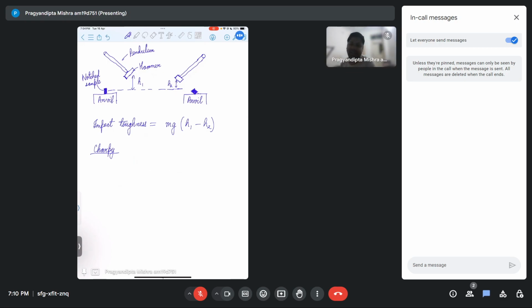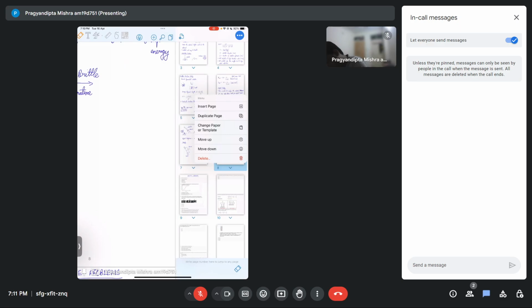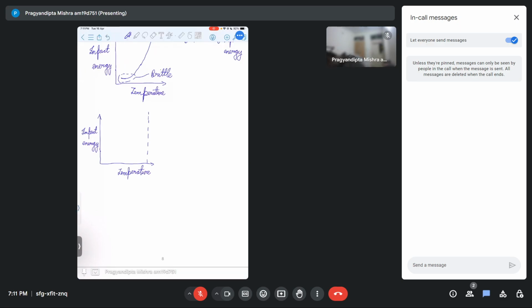And then we can have percentage cleavage fracture. Let me use the right side of the y-axis for percentage cleavage fracture.